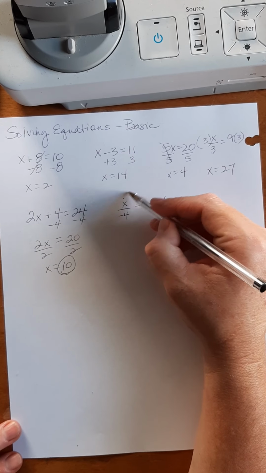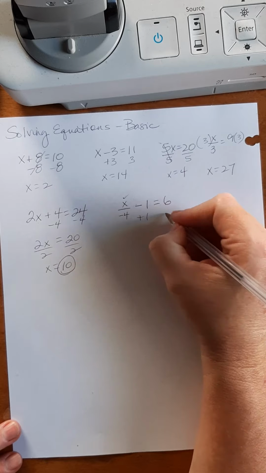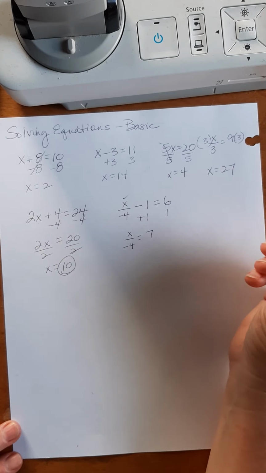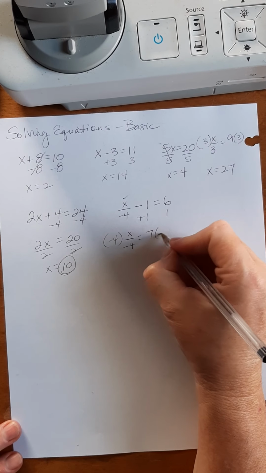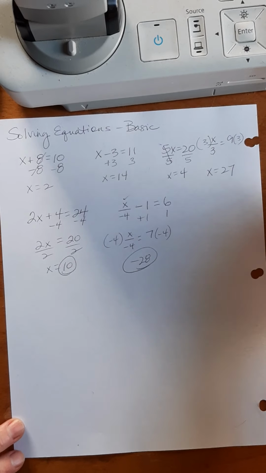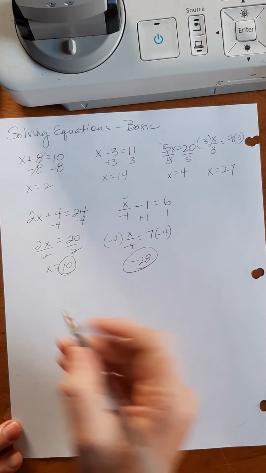Same thing, you want to get this expression by itself. Add the 1. So x over negative 4 equals 7. Then the opposite of dividing, multiply. Negative 28.